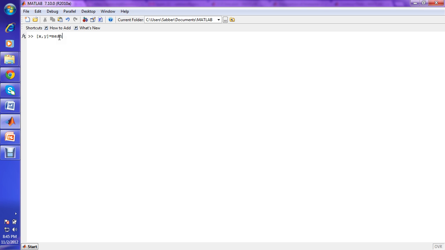So meshgrid, with 0.2 interval, for example up to 20, okay. And we need to calculate g.